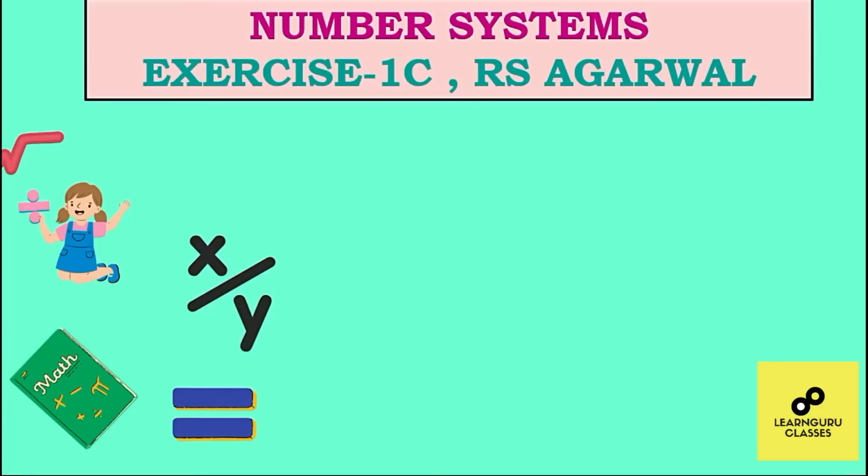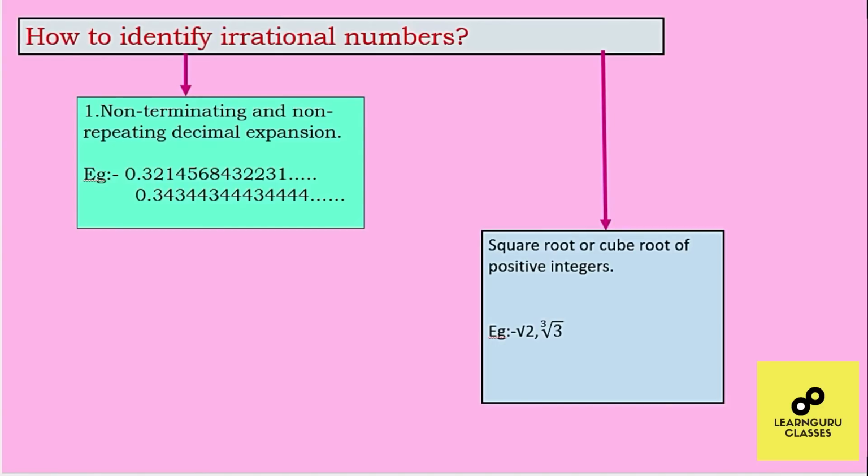So let's get started. Before solving the problems, you should identify what irrational numbers are. Irrational numbers are those numbers that cannot be expressed in the form of p by q. Irrational numbers can appear as non-terminating and non-repeating decimal expansions. Here there is no scope for the decimal to come to an end, and no proper sequence is maintained.